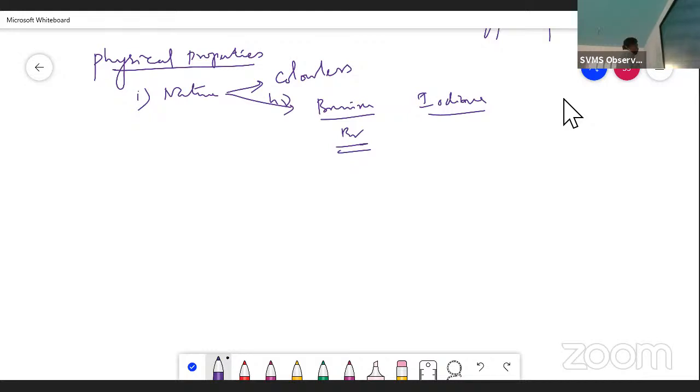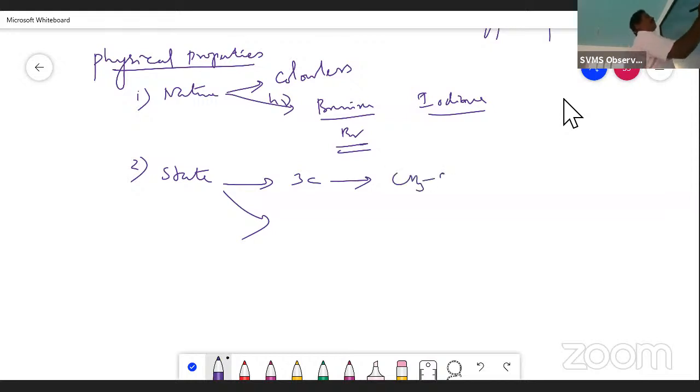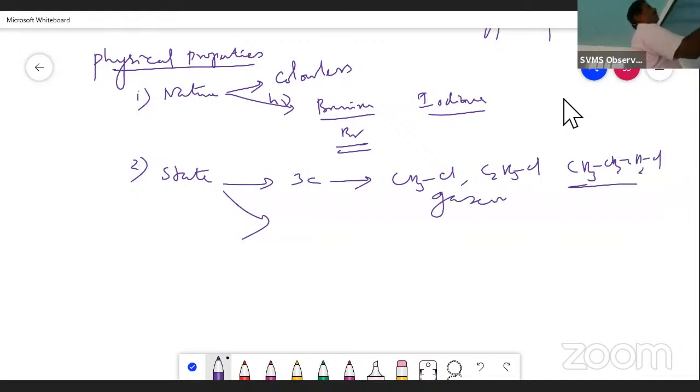Next, we are going to study the nature and state. State means what is the state of these compounds. Generally, alkyl halides up to 3 carbons, like methyl chloride, ethyl chloride, propyl chloride, are in the gaseous state.